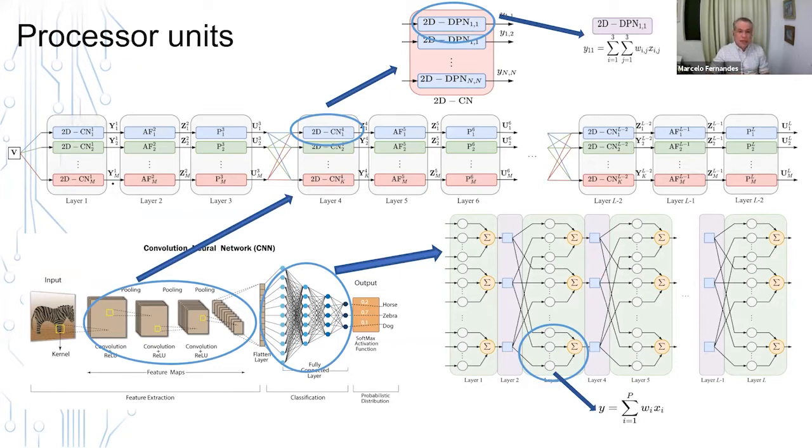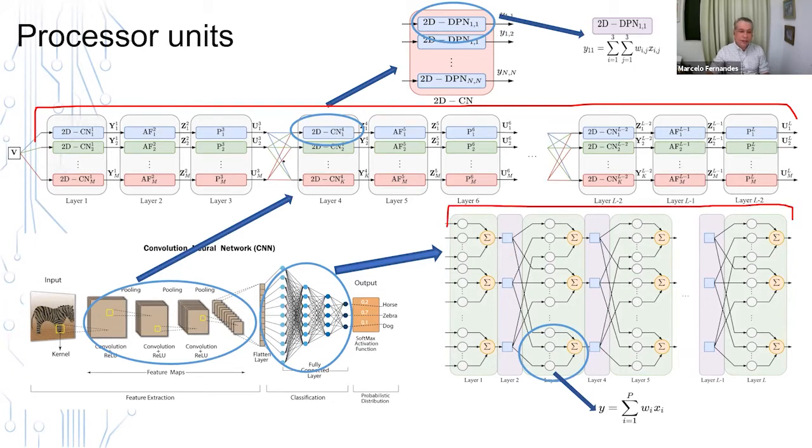We have many layers in the convolutional part, and many layers in the fully connected part. Of course, in the convolutional part we have other kinds of processors like activation function and pooling. But for us now, activation function and pooling are not so important.